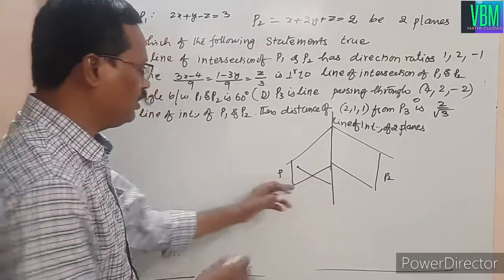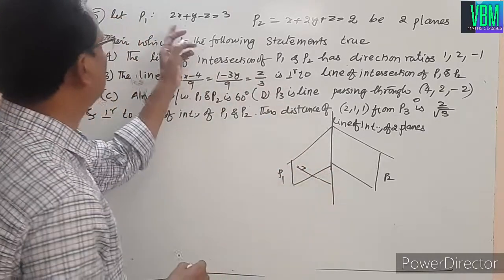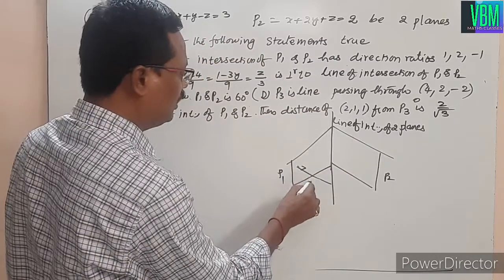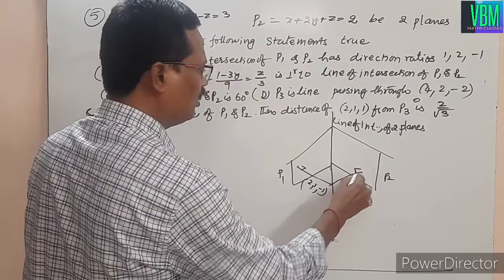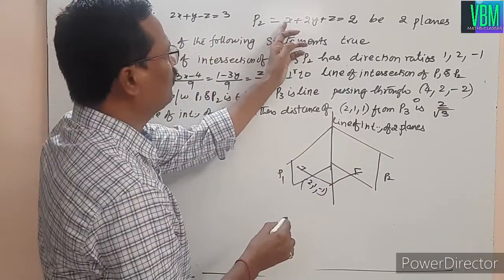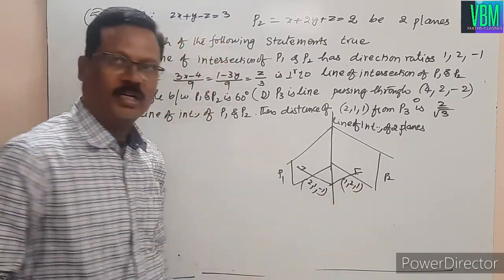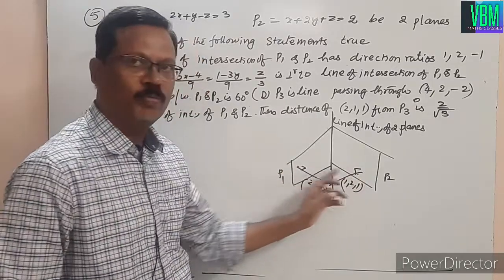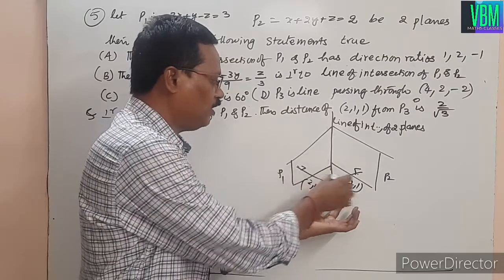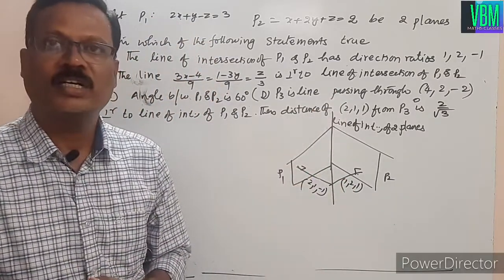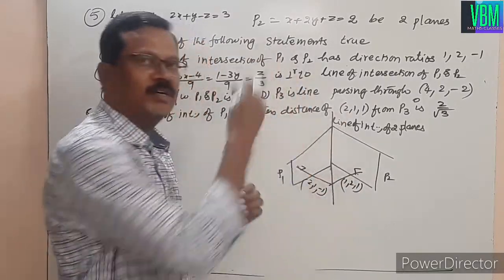For the plane P1, the normal DRs are 2, 1, minus 1, whatever the normal to this plane. For the second plane, the normal DRs are 1, 2, 1. The coefficients are the normal DRs. Now, if you know the normal DRs of two planes, then the cross product of these two gives the DRs of the line of intersection.